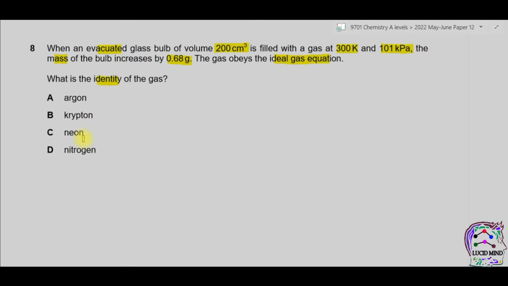We have argon, krypton, neon, and nitrogen. Now looking at the periodic table, the atomic mass of argon is 39.9, for krypton it is 83.8, the atomic mass of neon is 20.2, and for nitrogen, as the formula is N2, it is 14 times 2, which becomes 28.